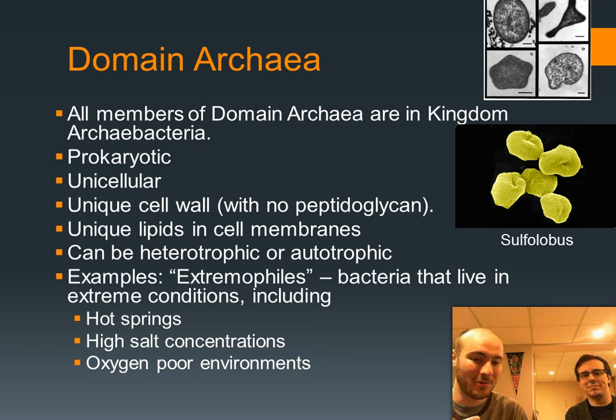Another one that's kind of interesting, I have on the slide, is this genus called Sulfolobus, which, based on the name, what chemical do you think they like? Sulfur? Yep, you're right. They live in volcanic vents, and it's interesting, they can get energy from the heat from those.